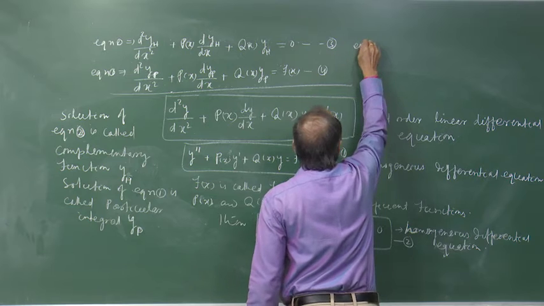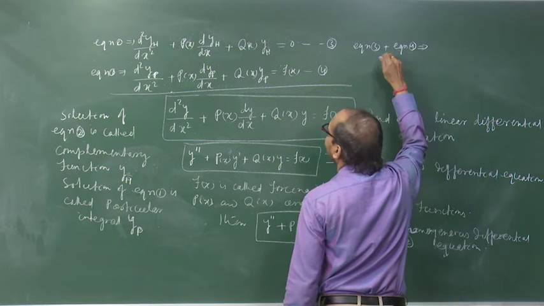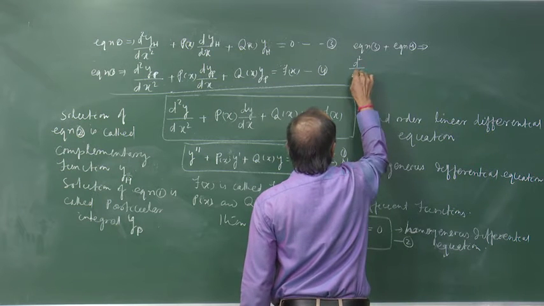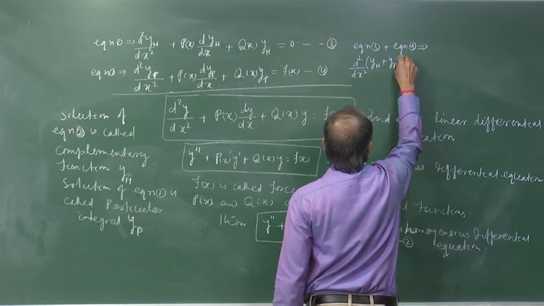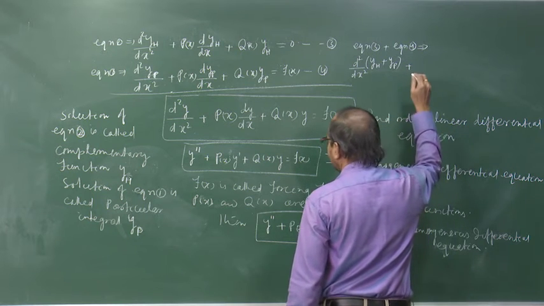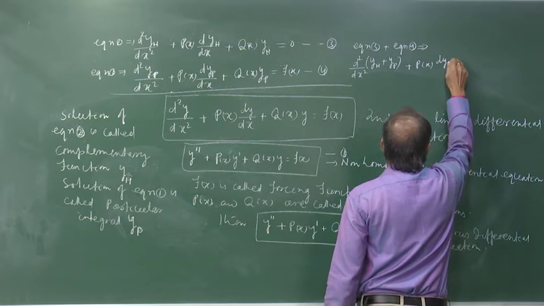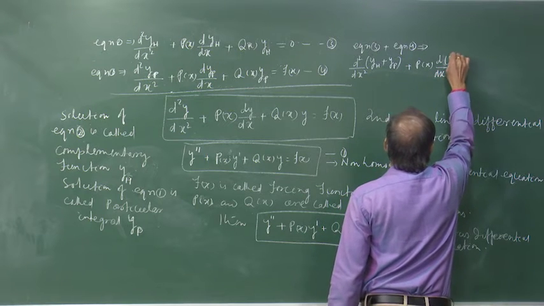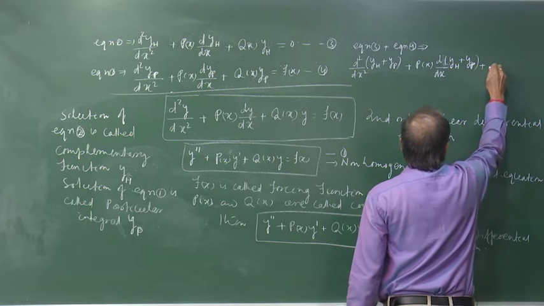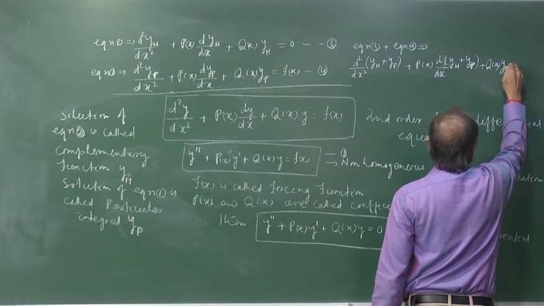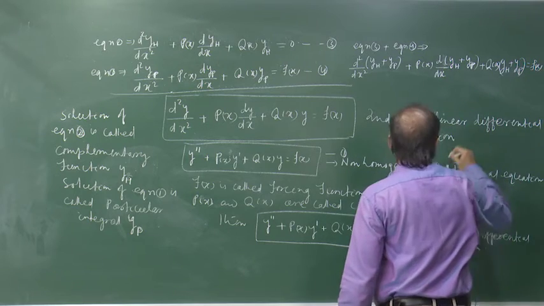Equation 3 plus equation 4 would give us d square by dx square of y h plus y p, plus p of x into d by dx of y h plus y p, plus q of x into y h plus y p is equal to f of x. Say equation 5.